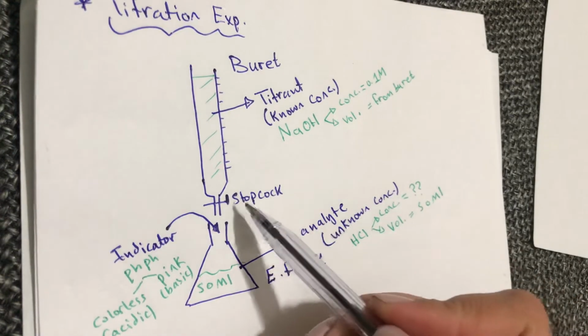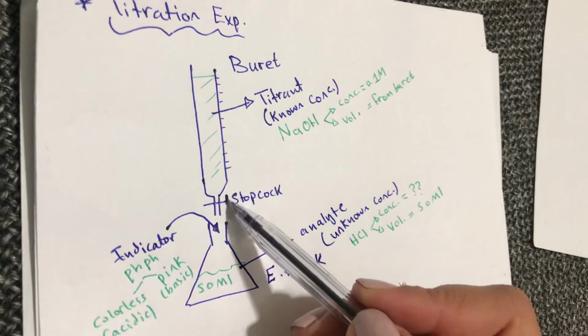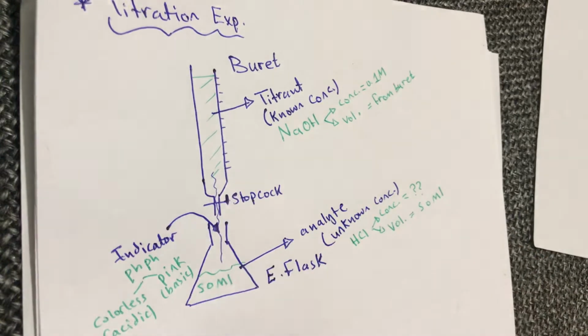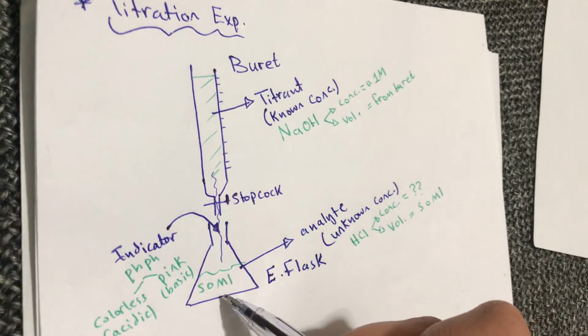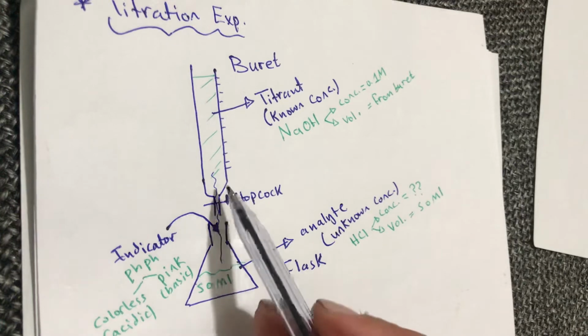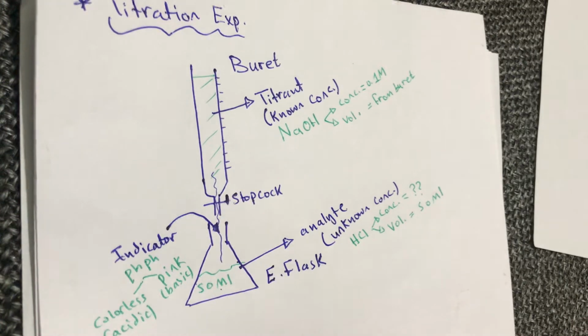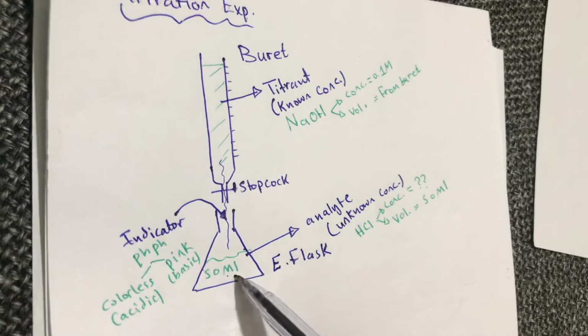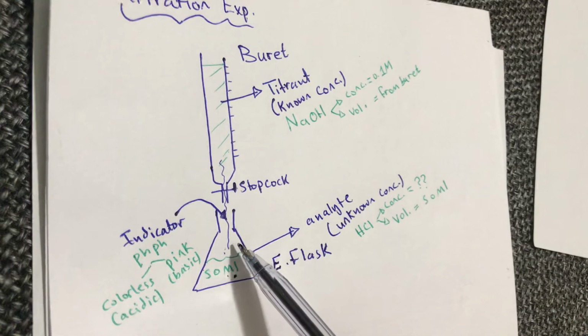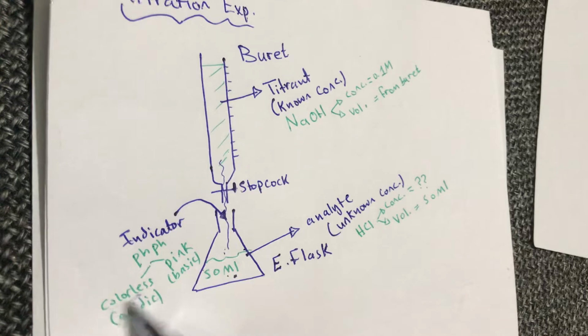You start the reaction by opening the stopcock. When you open the stopcock, NaOH reacts with hydrochloric acid. You have to shake the flask during the experiment to be sure that all the sodium hydroxide reacts with hydrochloric acid. At the beginning of the reaction, the amount of acid is greater than the amount of base, so the color of the solution stays colorless.